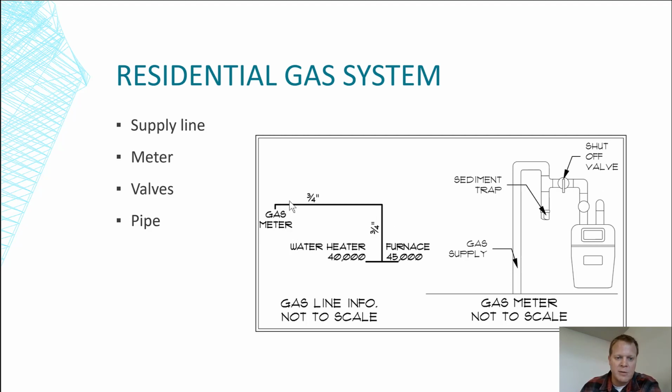So we've got the meter coming in. It's a 3/4 line to the house. Who knows what these numbers really are on your home, but it's going to the water heater and to the furnace, and there's all kinds of stuff that you need to feed. So the schematic is typically meter, valves, pipe.